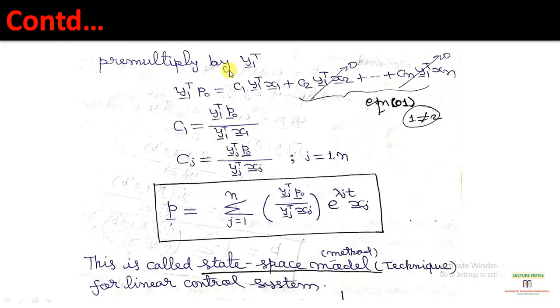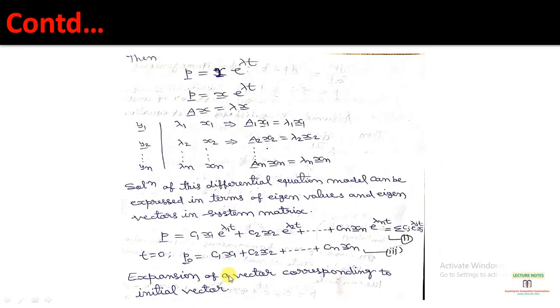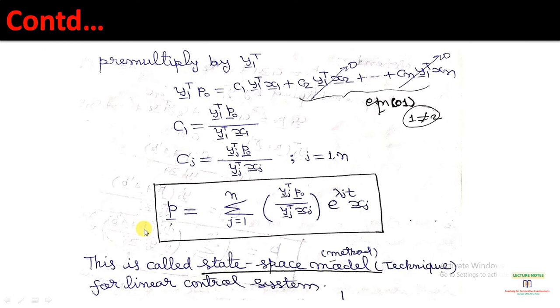Now we pre-multiply this equation by y1 transpose. So y1 transpose p naught equals c1 y1 transpose x1 and so on. Some of these terms will be 0. How have we put 0 here?